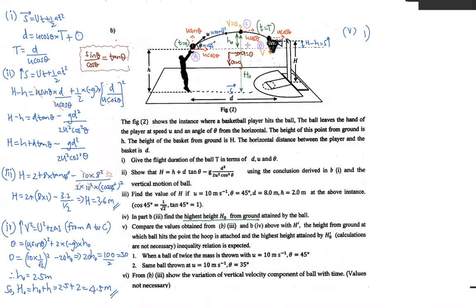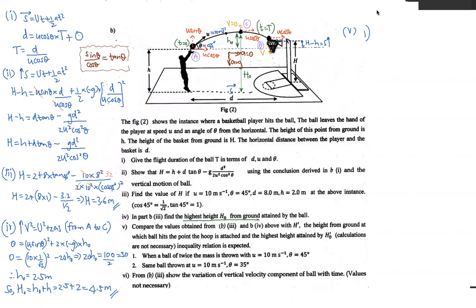Mass is mentioned, that's okay. But mass doesn't make a difference, Amjad, because they are asking us to derive this equation, and the only way you can derive this equation is by ignoring air resistance. In these equations we have not considered air resistance anywhere.